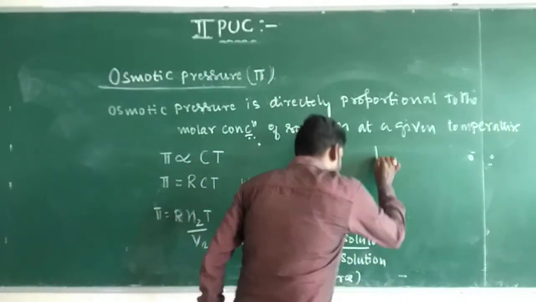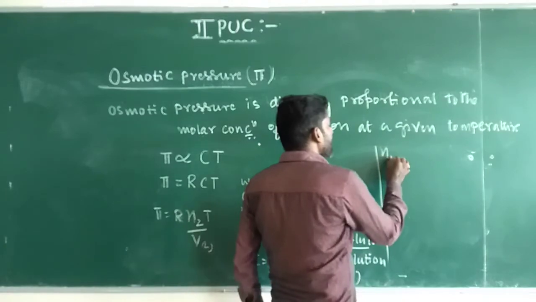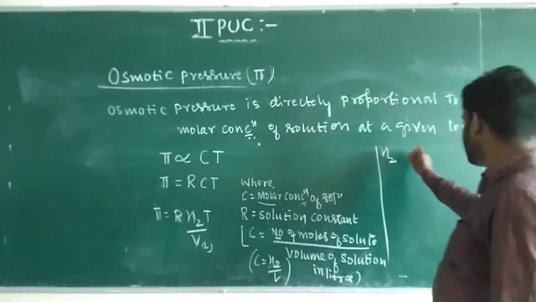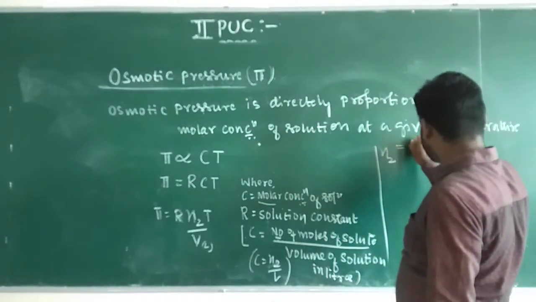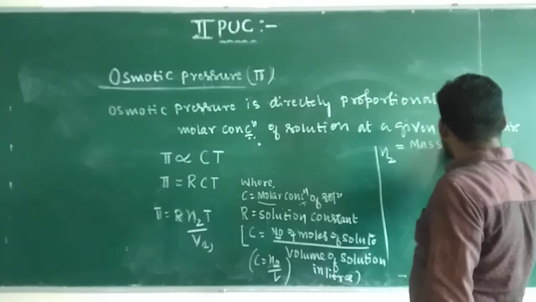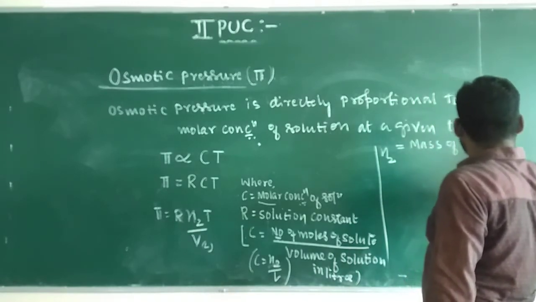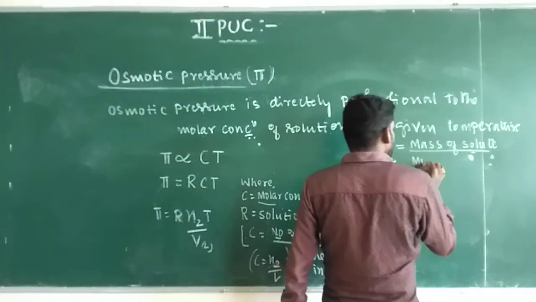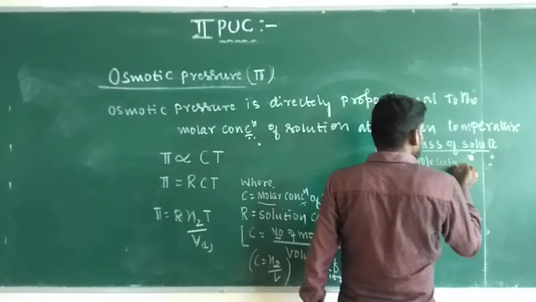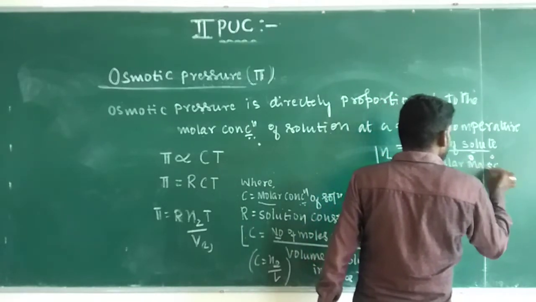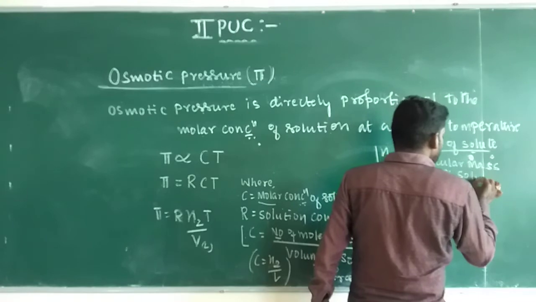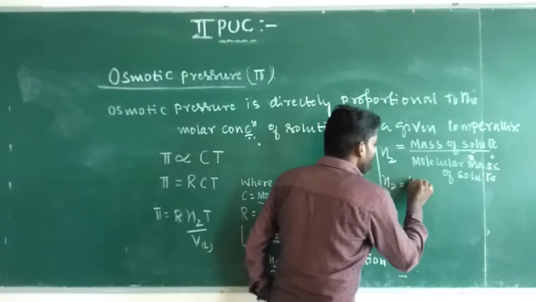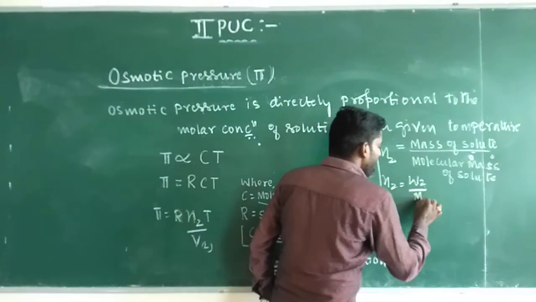Next, once again, the number of moles N2. The number of moles of solute can be defined as the mass of solute divided by the molecular mass of solute. So N2 is equal to W2 divided by M2.